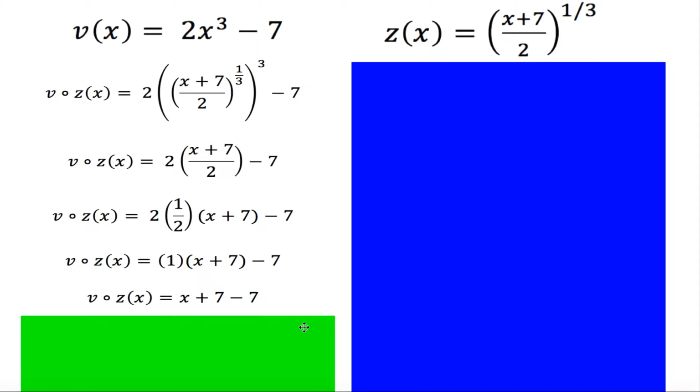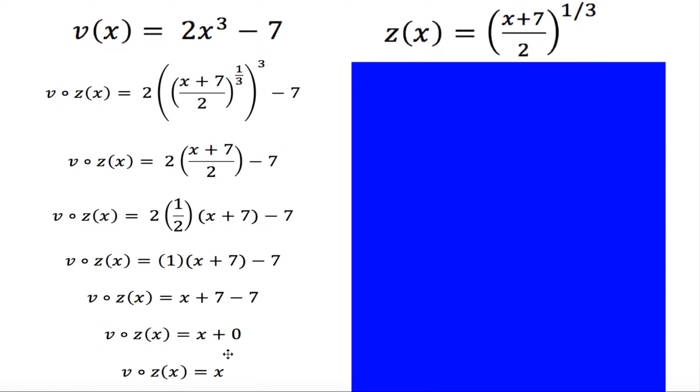Well, now let's talk, because we have this plus 7 and then we're adding negative 7, and so we know that these are inverses of each other because I'm adding the opposite, and so these make a 0 pair, which we have here. So now I have x plus 0. Well, once again, 0 is our identity.